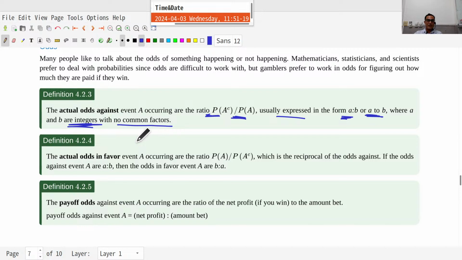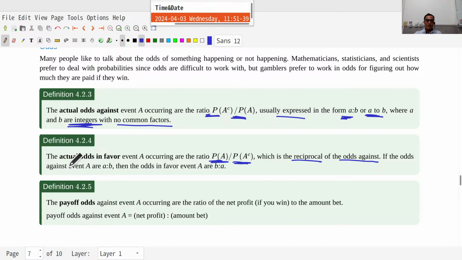And the second definition, actual odds in favor of event A occurring are the ratio of probability of A over probability of A complement, which is the reciprocal of odds against.